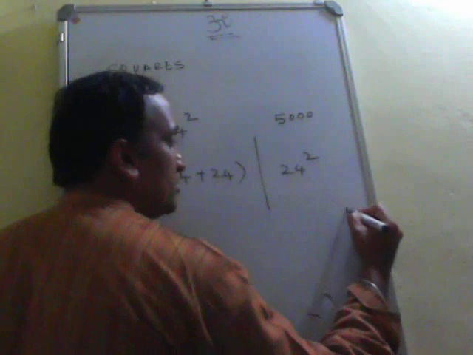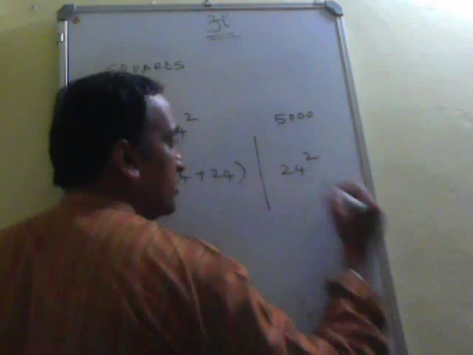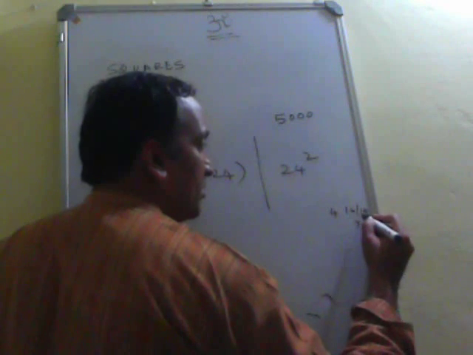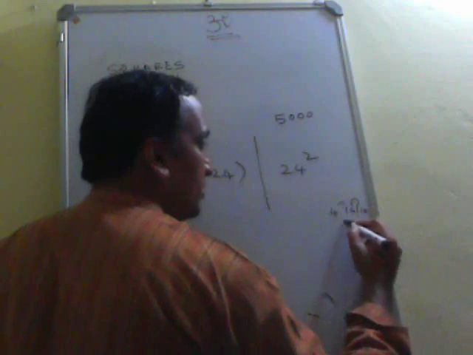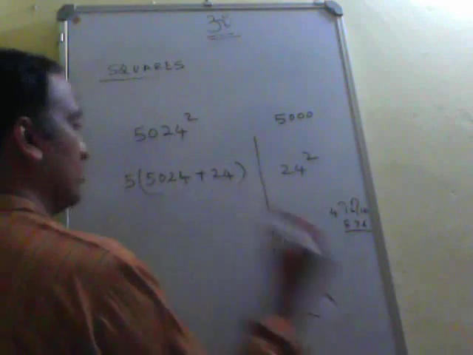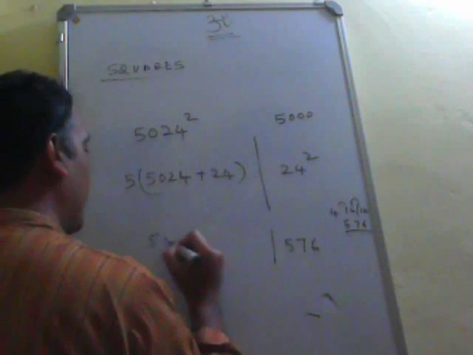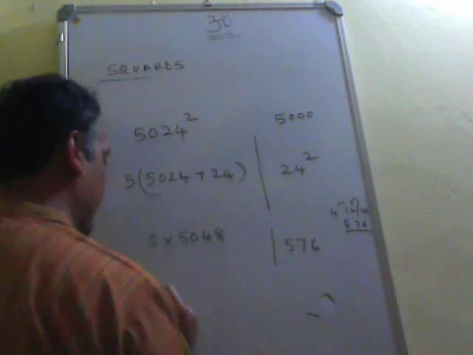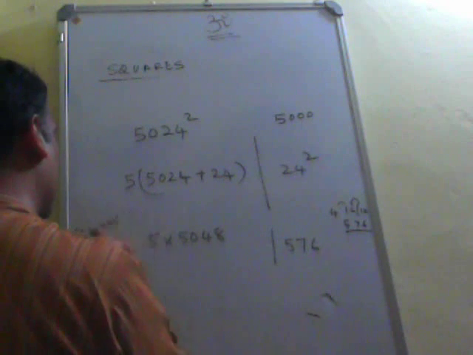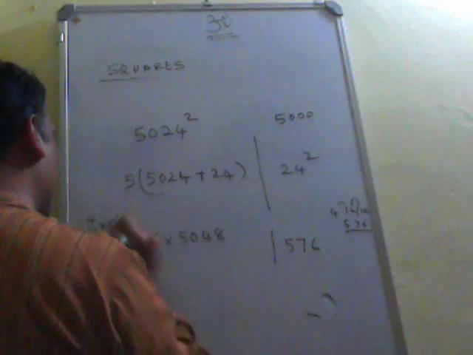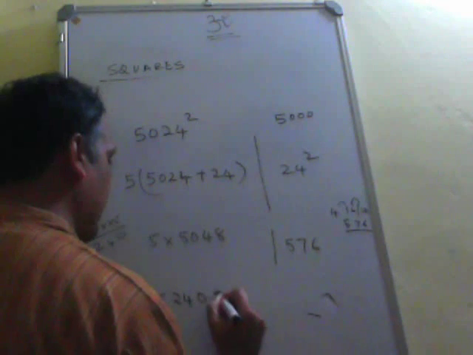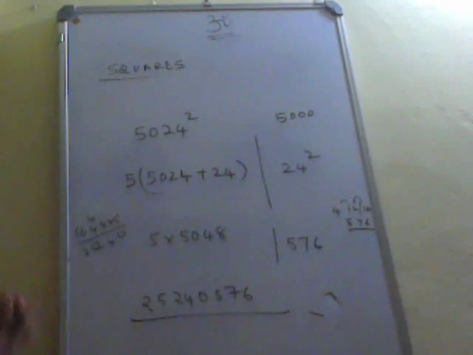Again here you can use the same method, and we get 576. Here it is 5 into 5048. What is 5048 into 5? 25240,576 should be the answer. Can you please check? Perfect, it is correct.